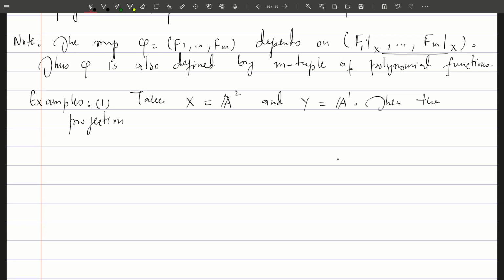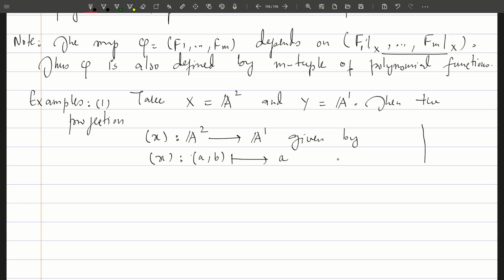So if I take the projection map from A2 to A1 given by, it takes this point (a, b) in the affine 2 space to the point a.